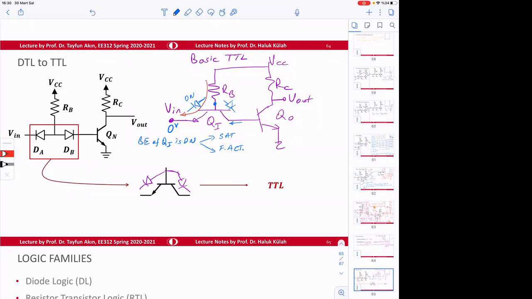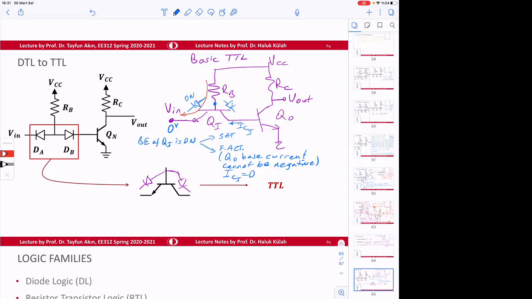But you know that due to QO, the base current cannot be negative because the transistor doesn't allow it. Therefore, that current, IC of I, is going to be 0.